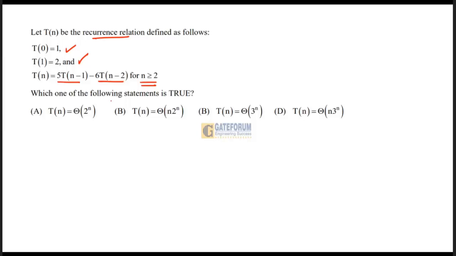Which one of the following statements is true? So the process is, we need to calculate the characteristic equation, and thereafter put the roots into the complementary value. So here the equation looks like this: tn equal to 5tn minus 1 minus 6tn minus 2 for n greater than or equal to 2.